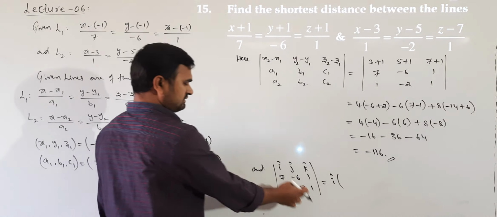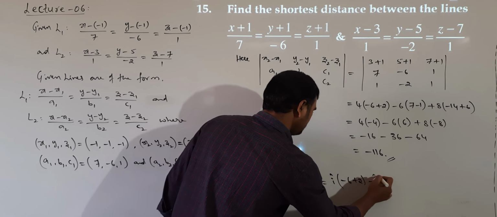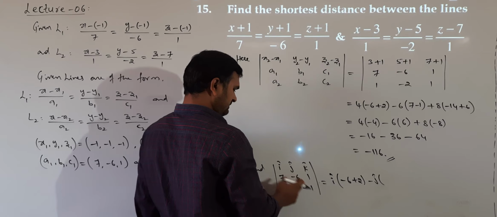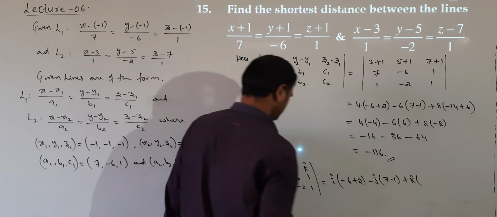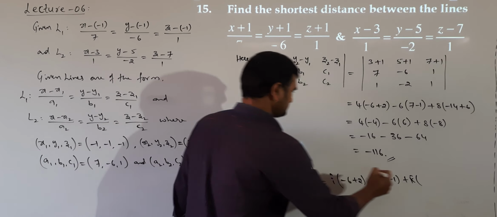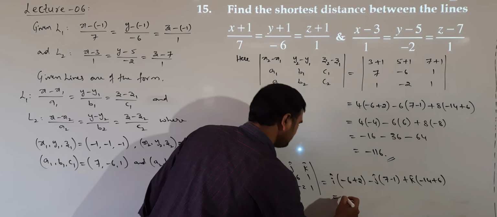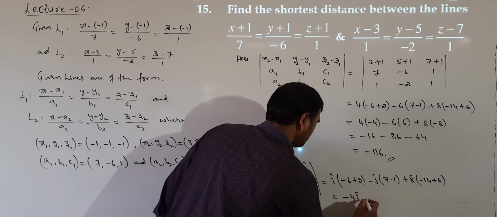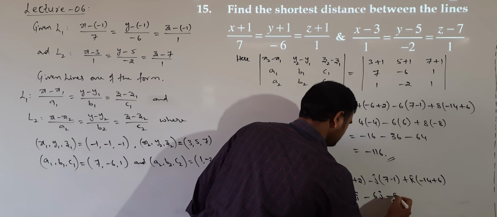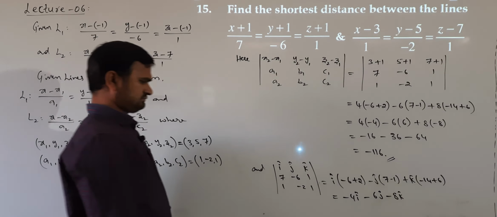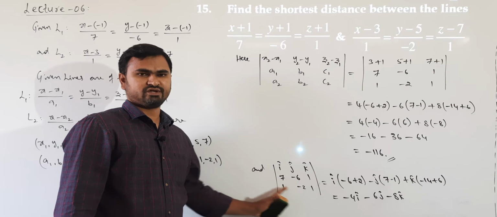So i into minus 6 plus 2, minus j into 7 minus 1, plus k into minus 14 plus 6. So which is minus 4i minus 6j minus 8k. So this is a denominator vector, but we need its magnitude.